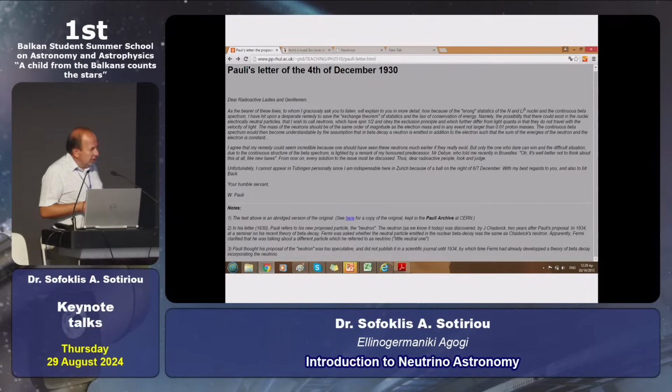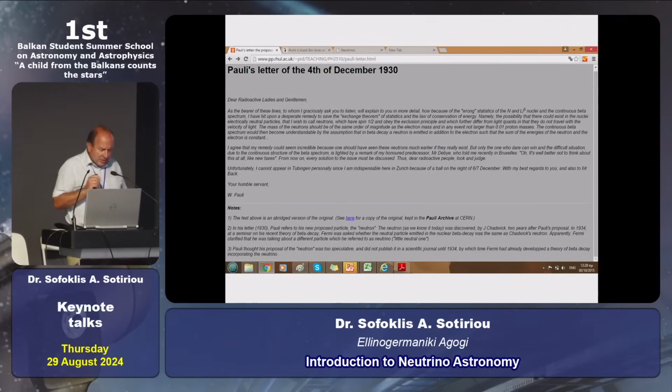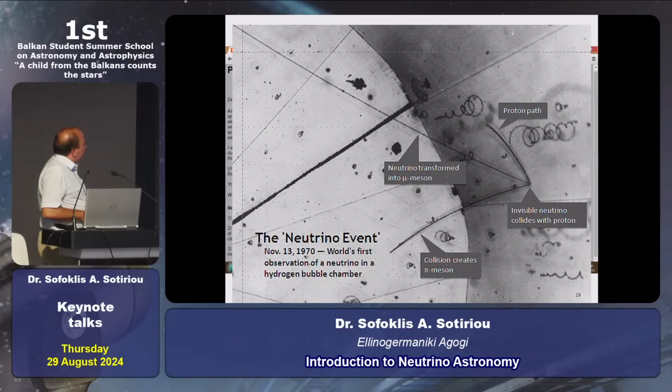So in principle, Enrico Fermi became the godfather of this particle, although 2 years earlier, 4 years in practice, earlier, Pauli has announced that in this letter. So this is a bit even demonstrating the complex character of neutrino. This is how it came up to the scientific landscape.